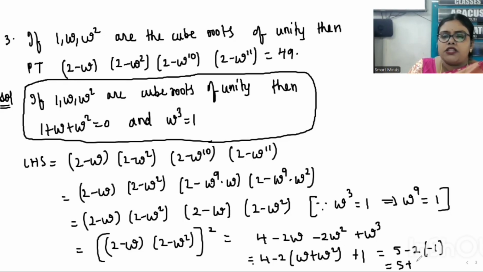That is 5 plus 2, which is equal to 7. But in the question, you have whole square. So this whole square, again here whole square, here whole square. So 7 square will become 49, which is equal to RHS.